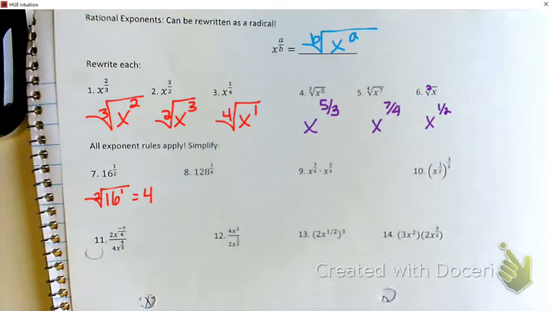Do it right now, 128, and then raise it to the 1/4 power. So 128 to the 1/4 is 3.36.